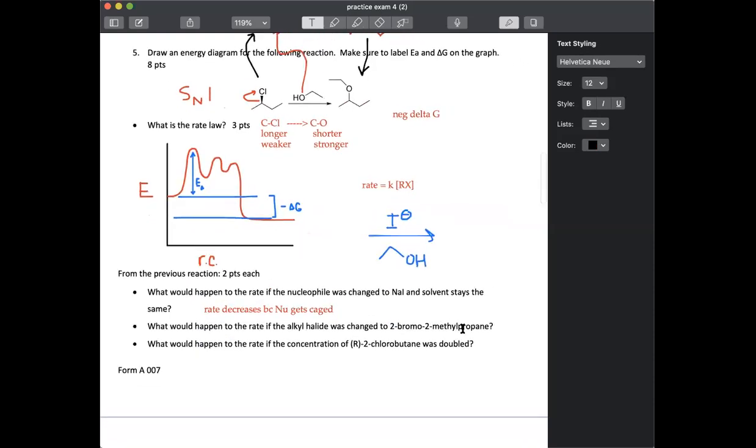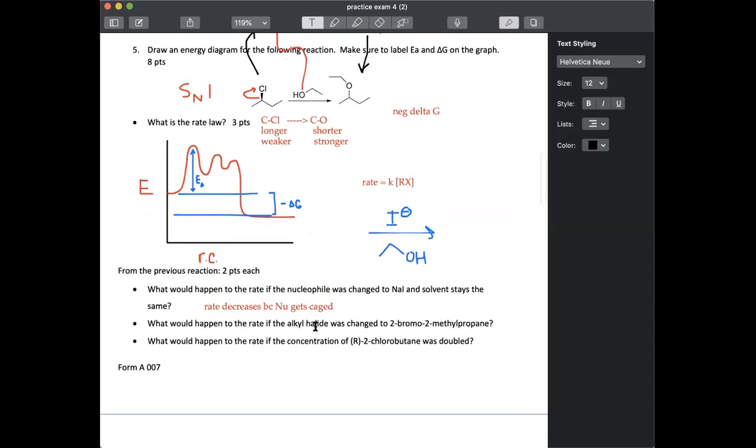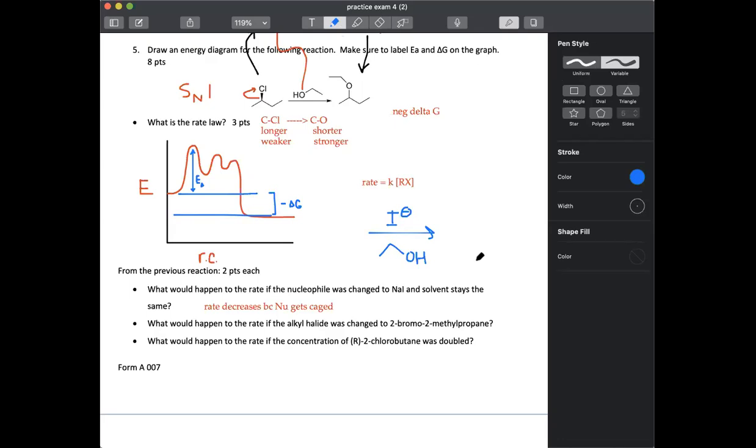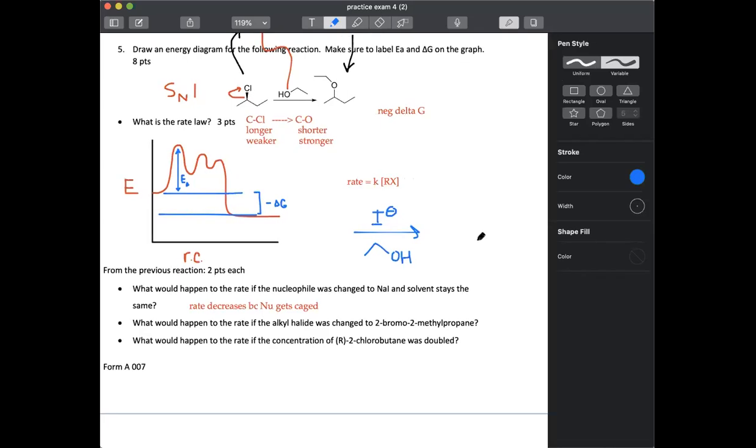All right, let's see. What happens to the rate if the alkyl halide was changed to 2-bromo-2-methylpropane? It would work faster because it goes from secondary to tertiary. Yes, Charlene, yes. So we actually have two good things happening here.